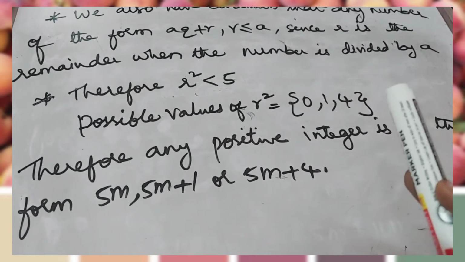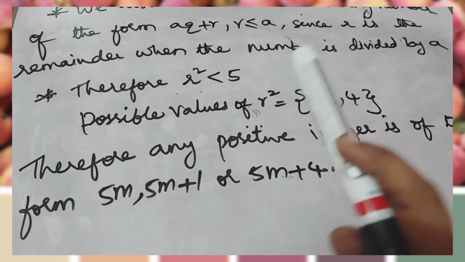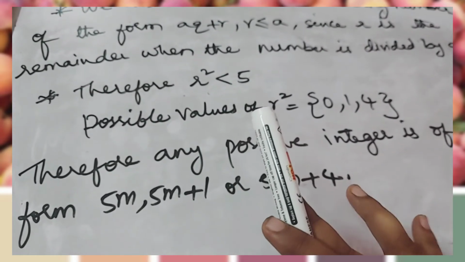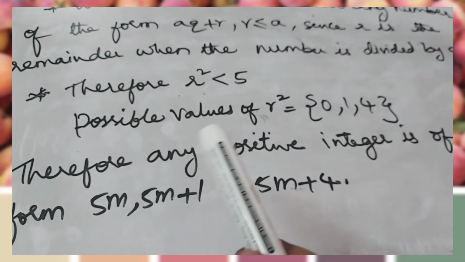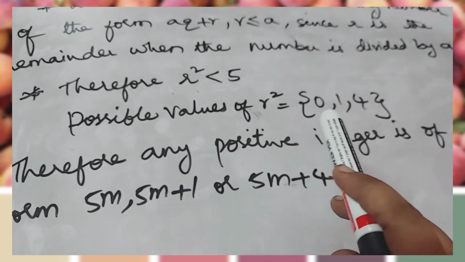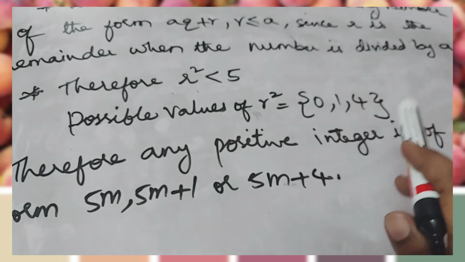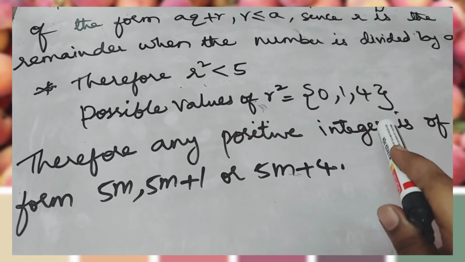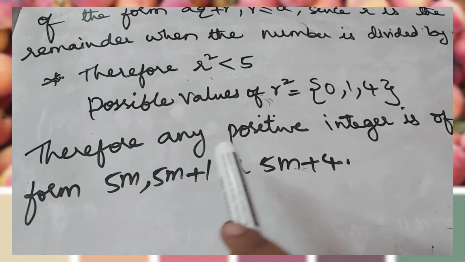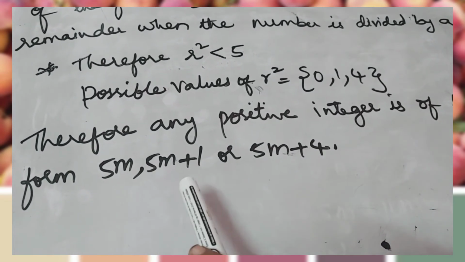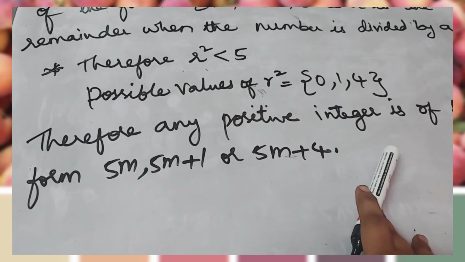Therefore r² should be less than 5. So the possible values of r² are 0, 1, 4. Therefore any positive integer square is of the form 5m, 5m + 1 or 5m + 4, you have to write.